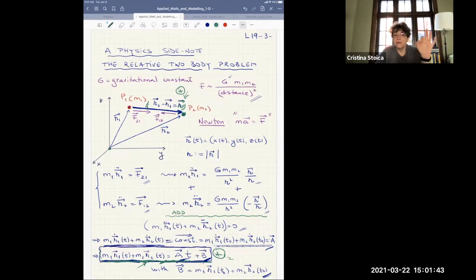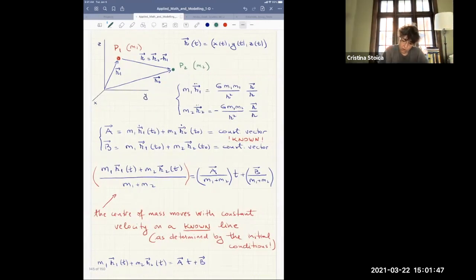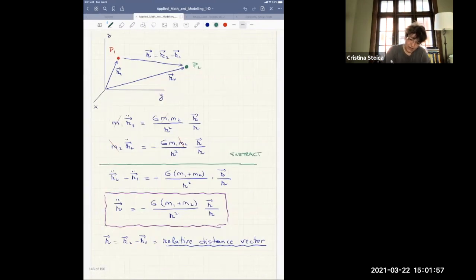So I'm going now to the difference. Ta-da! I actually wrote all this story already, so I don't have to go over it again. Here are the equations of motion, the same that we had before.